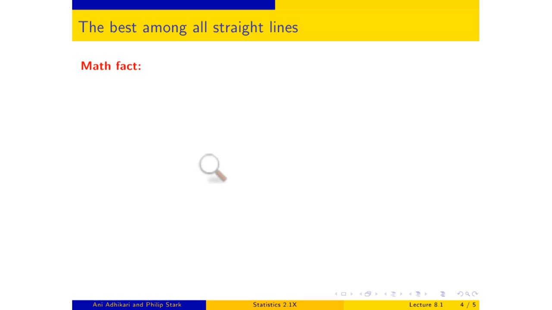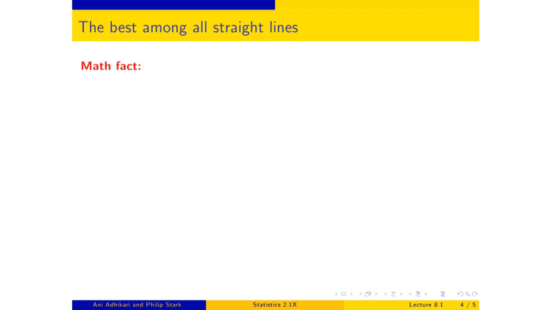And it turns out that there is a wonderful math fact that says that if you look at all the straight lines that you could possibly put through your scatter diagram, any scatter diagram at all, you could put any straight line at all through it. Associated with every one of those lines is a root mean squared error.